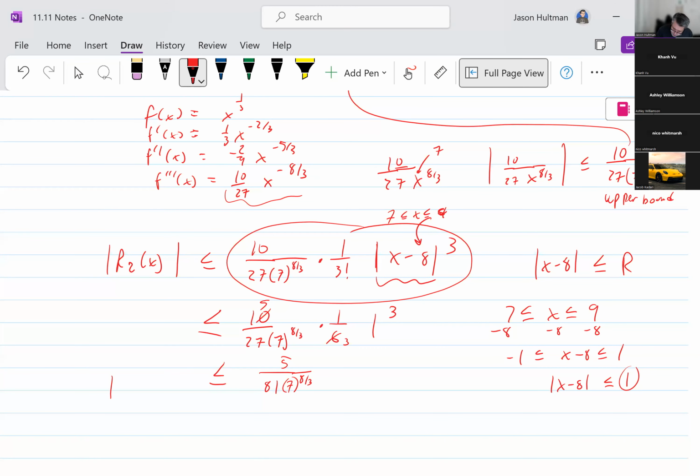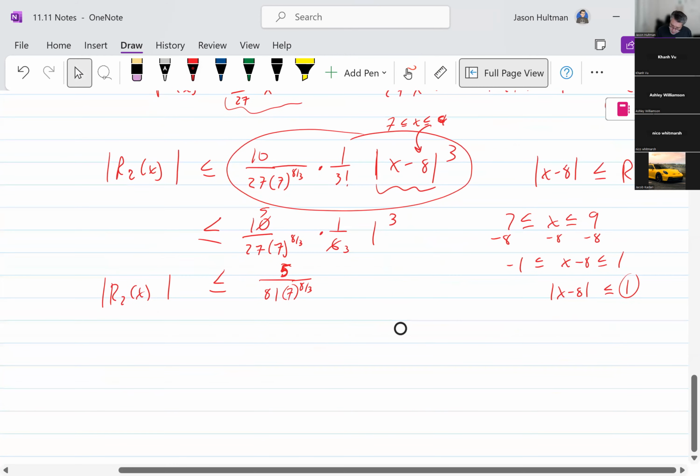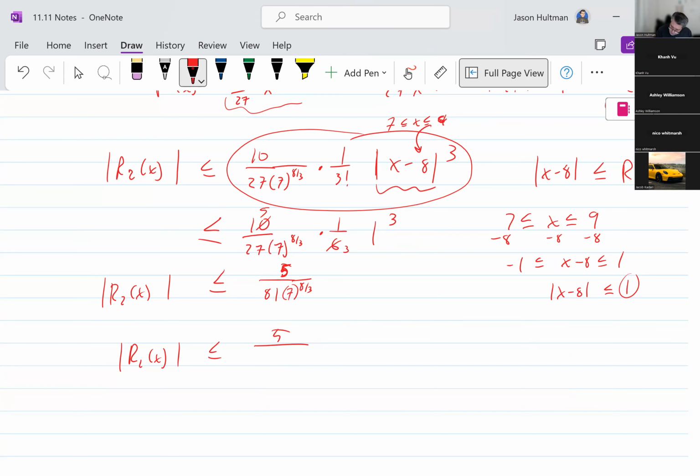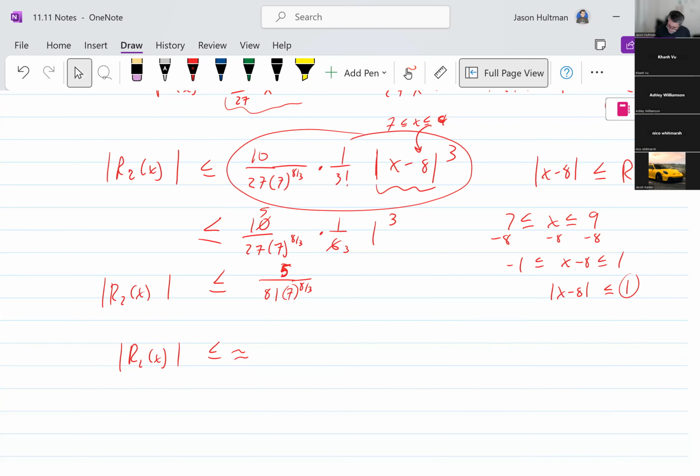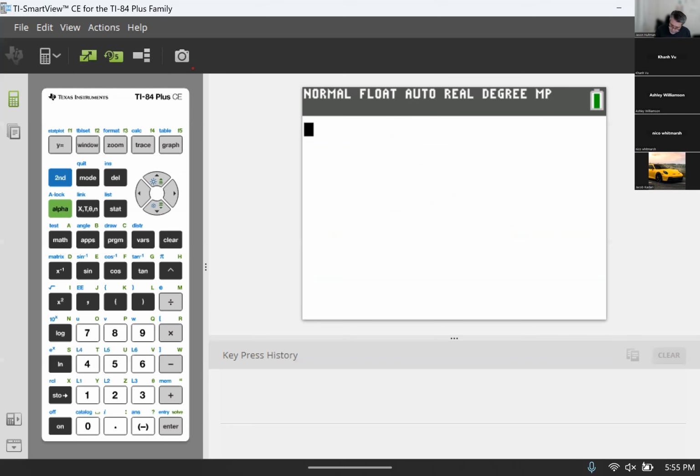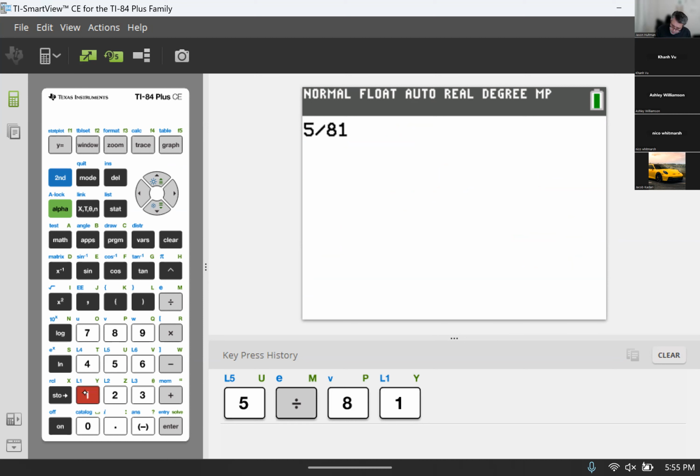Okay, and so R2 of x is less than or equal to this. And so what is that approximately? Let's plug that into our calculator and see what we get. We've got 5 over 81.